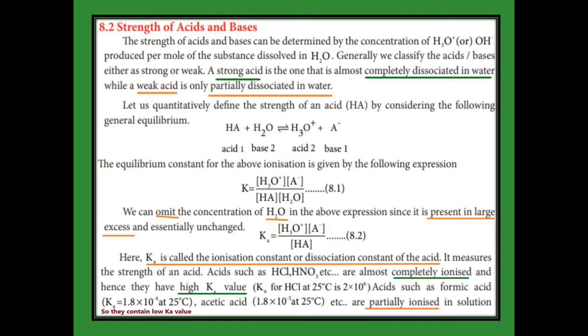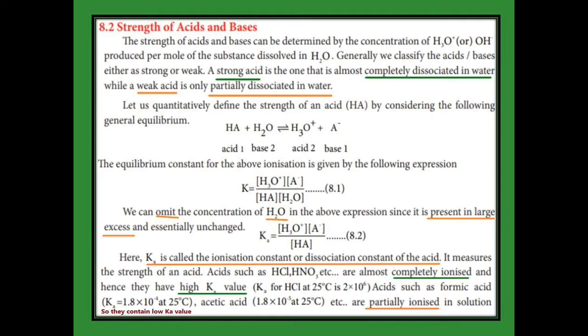The square bracket means concentration. The water concentration is always in excess, so it is considered as 1, and we omit the water concentration in the denominator.